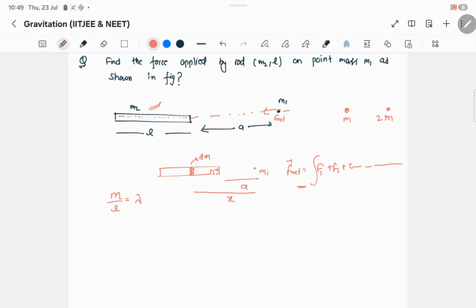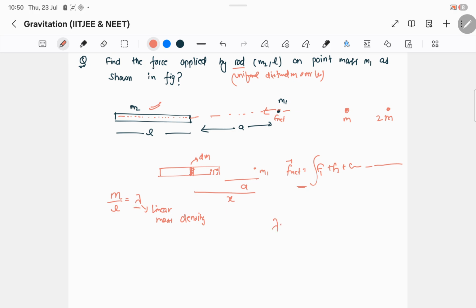So lambda is the linear mass density. They should mention here uniformly distributed mass over length, then only you can use this. Okay, if non-uniform, they should give this linear mass density.